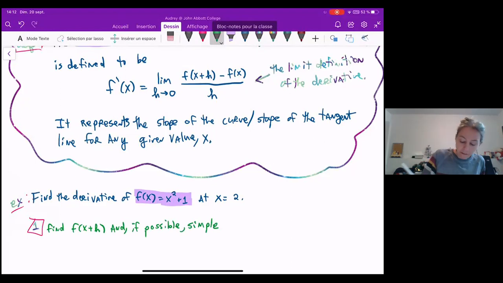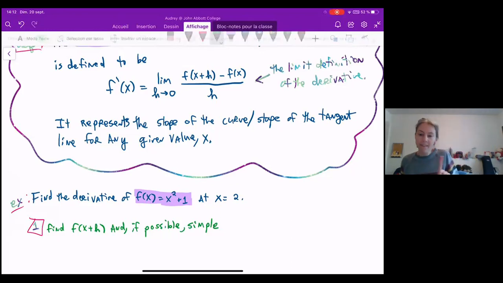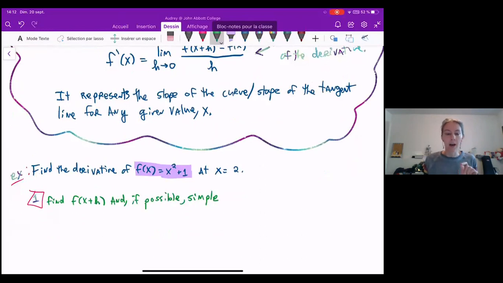So if f of x is equal to x squared plus 1, f of x plus h would be what happens when every single time I see x, I replace it with x plus h in parentheses. We really don't want to forget those parentheses.